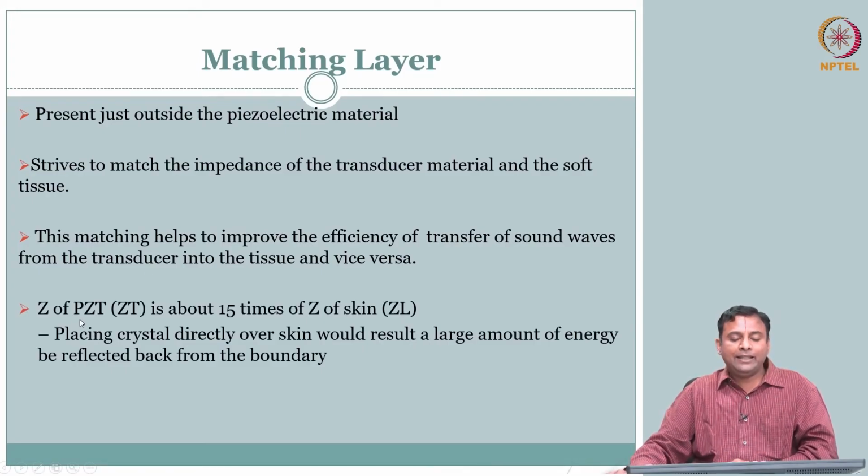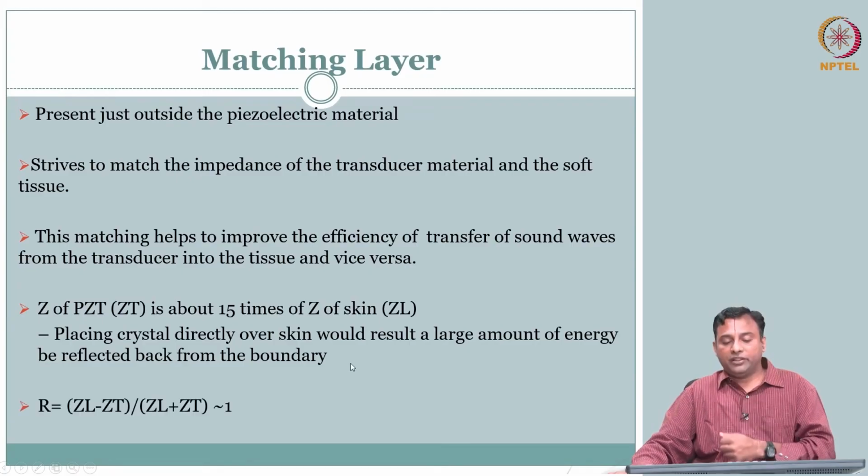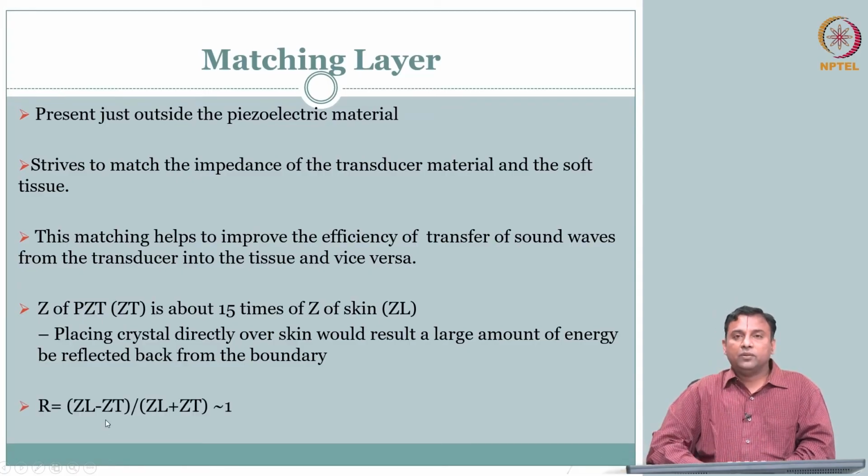So your PZT, so Z here is your impedance, right, not the zirconium Z that you have here. So Z is about 15 times Z of skin. So naturally, placing the crystal directly over skin would result in large reflection. Okay. So you need a matching layer for that.